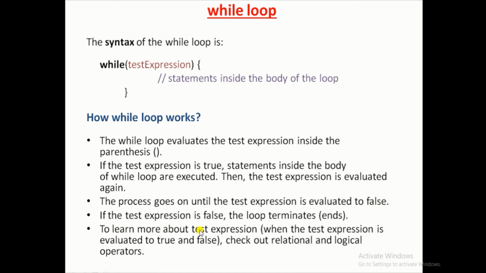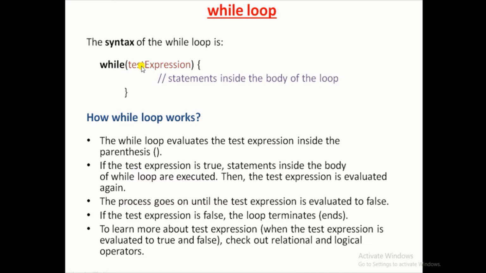At first it checks the condition inside the parentheses after while. If the condition is satisfied, then it executes the statements of the body, otherwise it just terminates the loop.